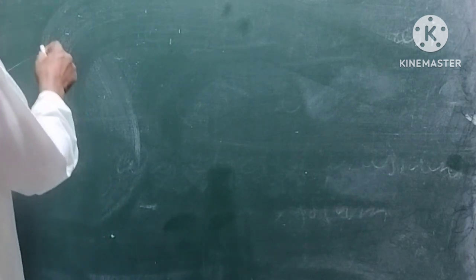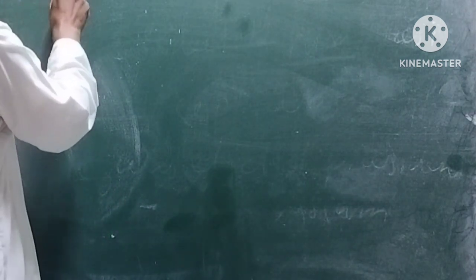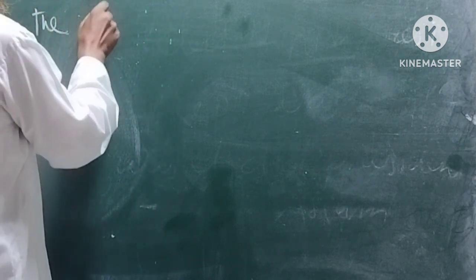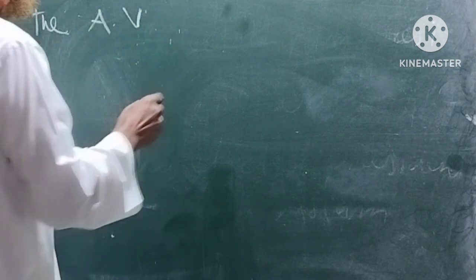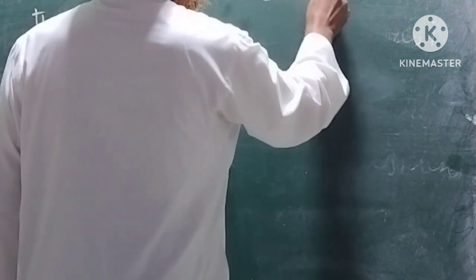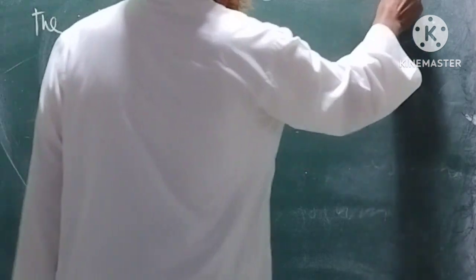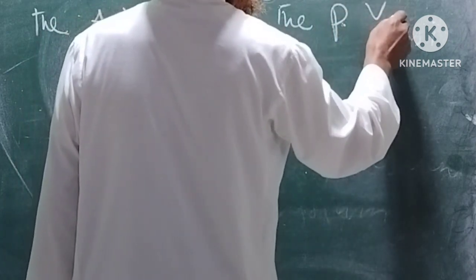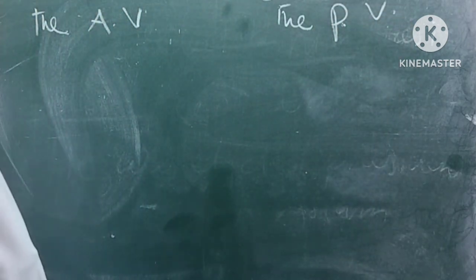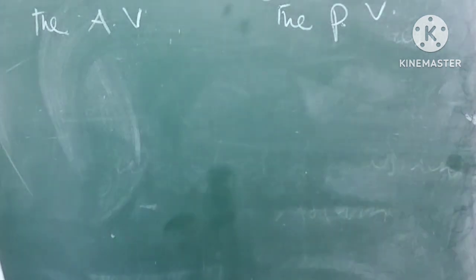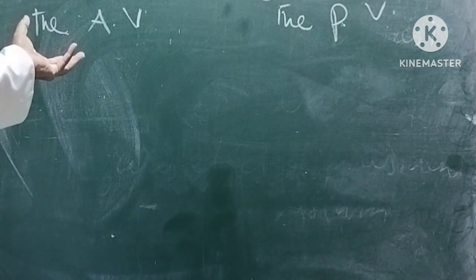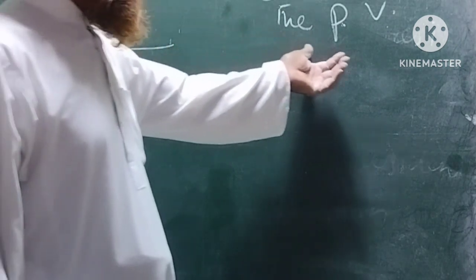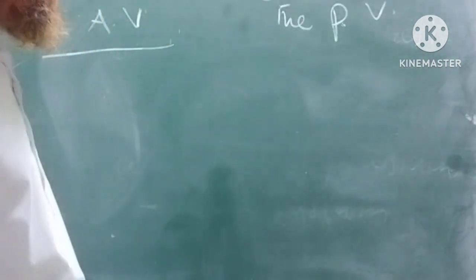Suppose verb in the active voice, be verb in the passive voice. That means what pattern of verb in the active voice and what verb will come in the passive voice.